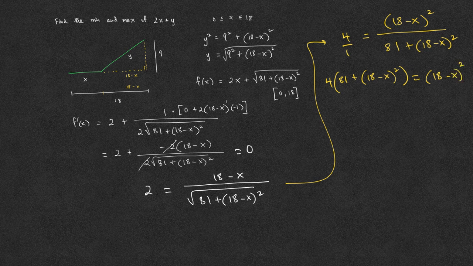4 times 81 is 324, plus 4 times (18 minus x) squared is 4 of (18 minus x) squared. The right hand side is (18 minus x) squared still.